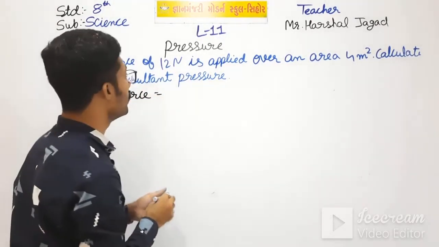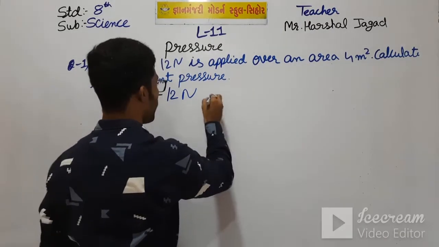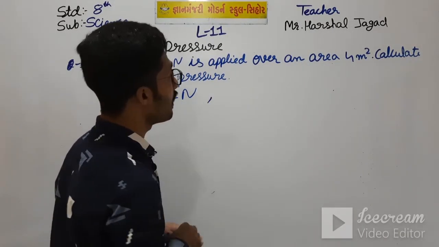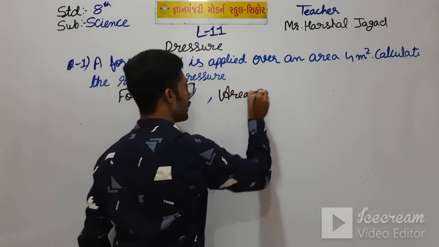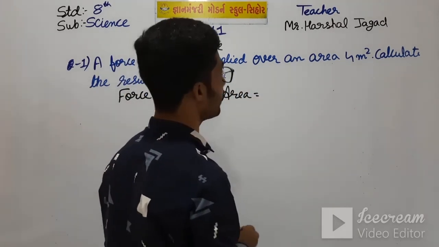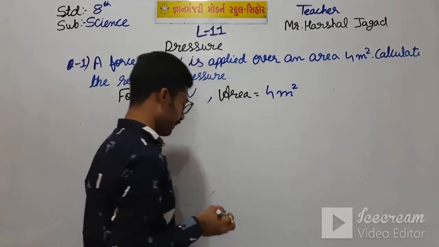Force is equal to 12 Newton. Okay students, and next is area. What is area? That is 4 meter square.